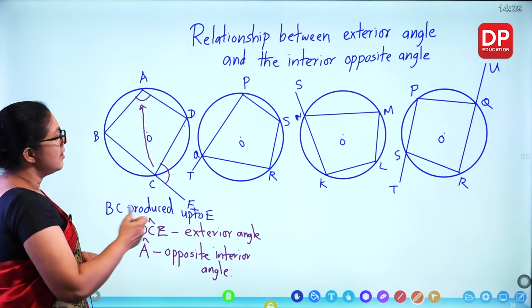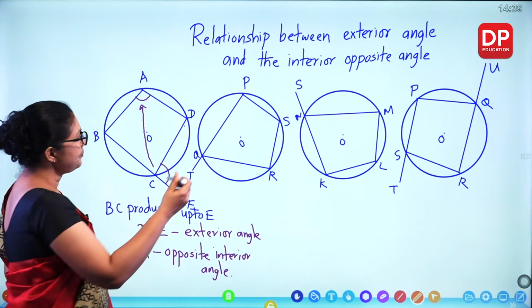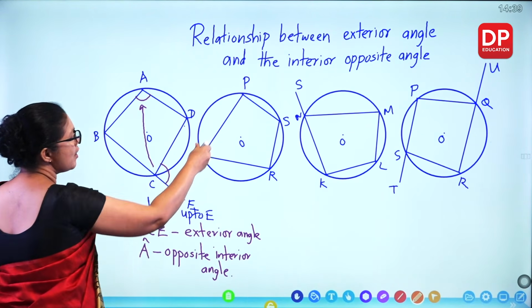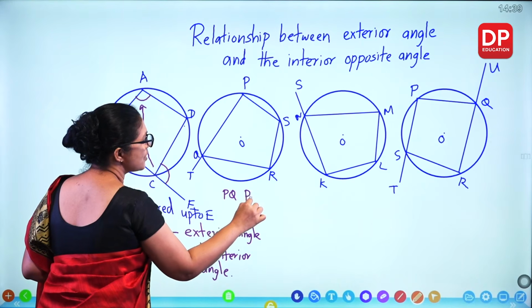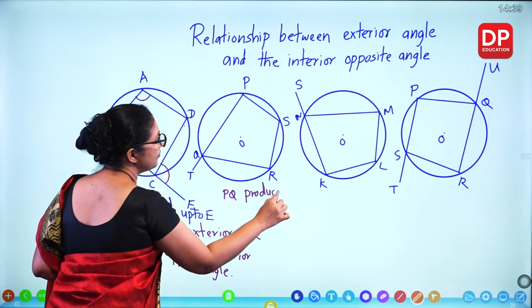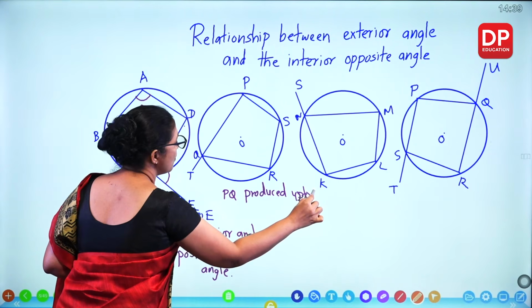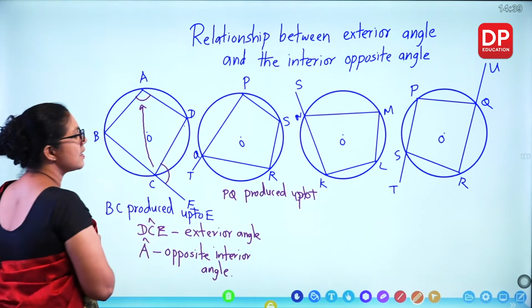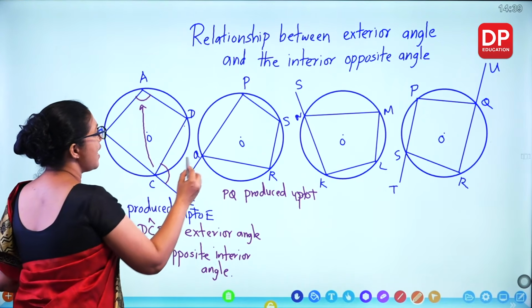Now here, identify the exterior and the opposite interior angle. PQ produced up to T. So what's the exterior angle?